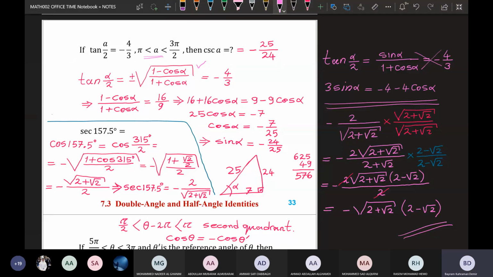Or could we multiply root of 2 minus root 2, 2 minus root 2? Would that be better? 4 minus 2, it will be root 2.